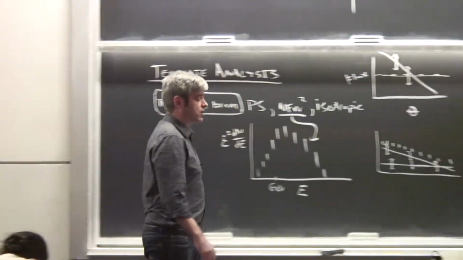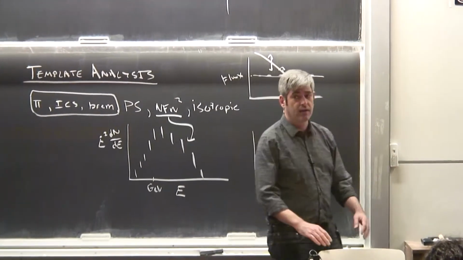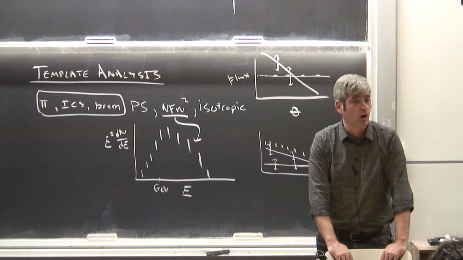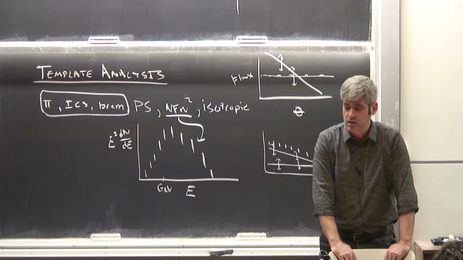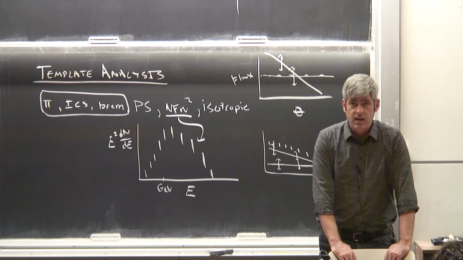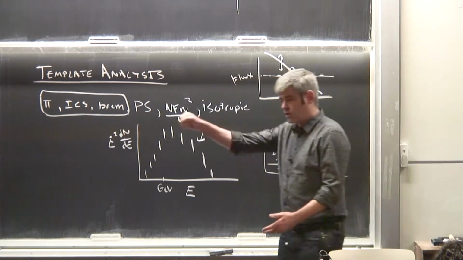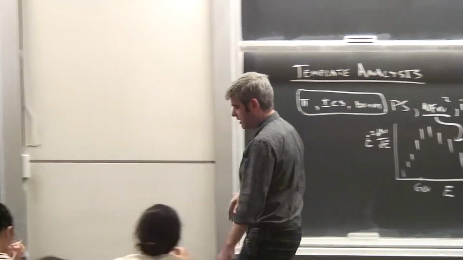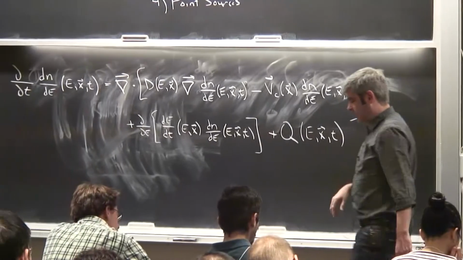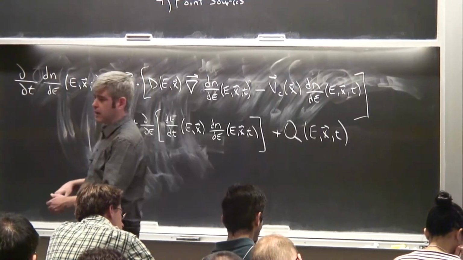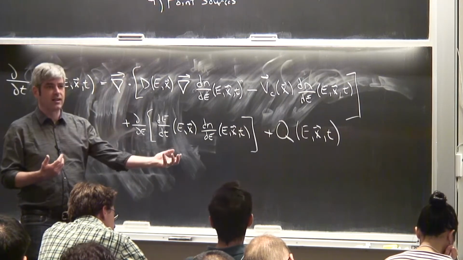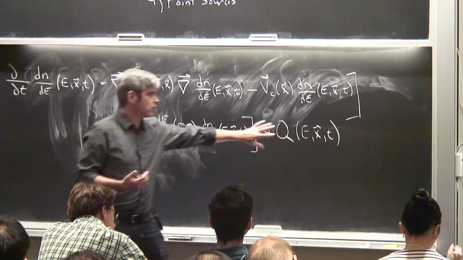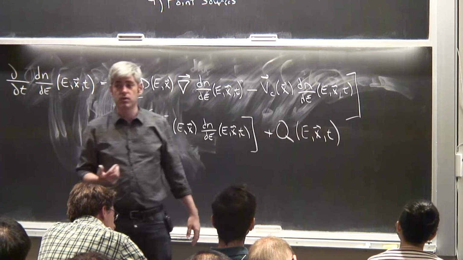If I'm talking about the background cosmic rays, this term might describe where all the supernova remnants are and when they exploded and what they injected into their environments. It could also include things like secondary cosmic rays. Imagine a proton flying through the interstellar medium. It hits something, and a positron comes out. That positron was injected into the ISM at that point, so you could include secondary production in the source term as well.